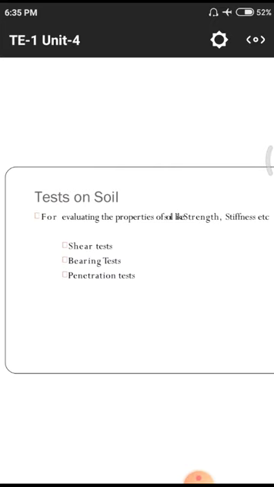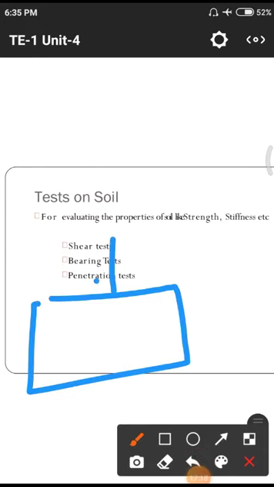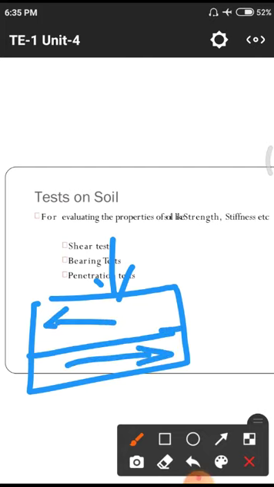Shear test means when we apply a particular load on the structure. I will give an example. Take a normal soil. Shear means two opposing forces acting on a particular material. Automatically there may be some change of volume, so that the mass will move in that direction due to the layer by layer matter we have.